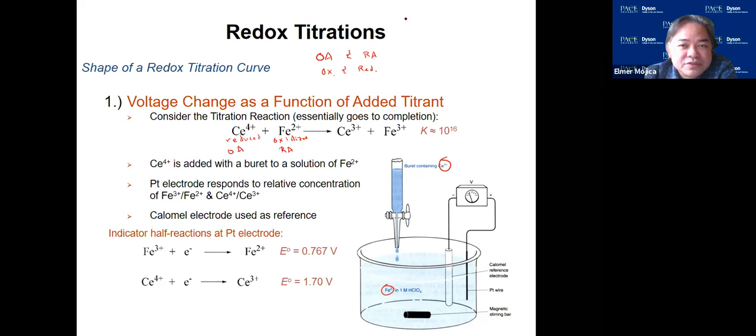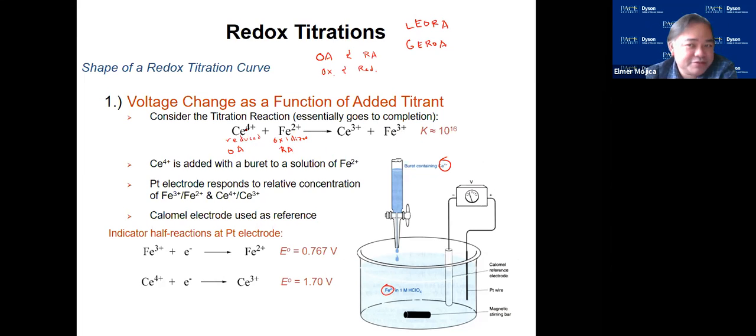My students should always know this meaning here. LEO the lion says GER: LEO means lose electron, which means it's oxidized and it acts as a reducing agent. GER means gain electron. It is reduced and it's the oxidizing agent. This is oxidized because it becomes more positive, because it loses electron.